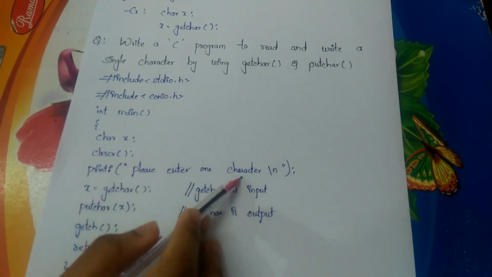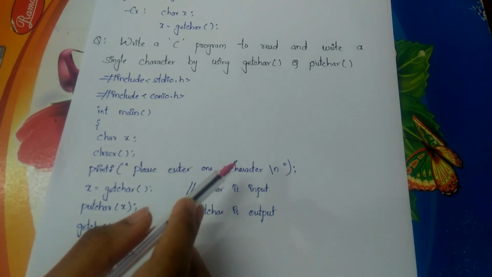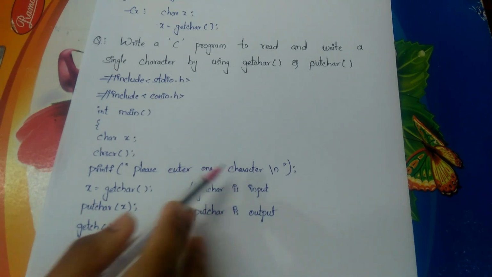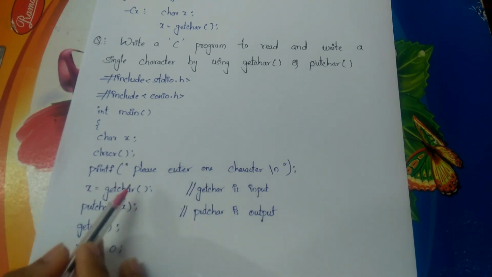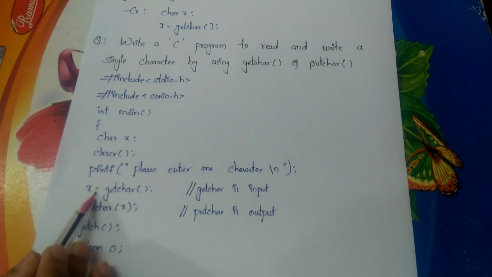So from the keyboard we are giving the character, and we are printing the statement, please enter one character. Now x = getchar(); and putchar(x); ended with a semicolon. The value we give will be stored in x. Then getch and return 0.